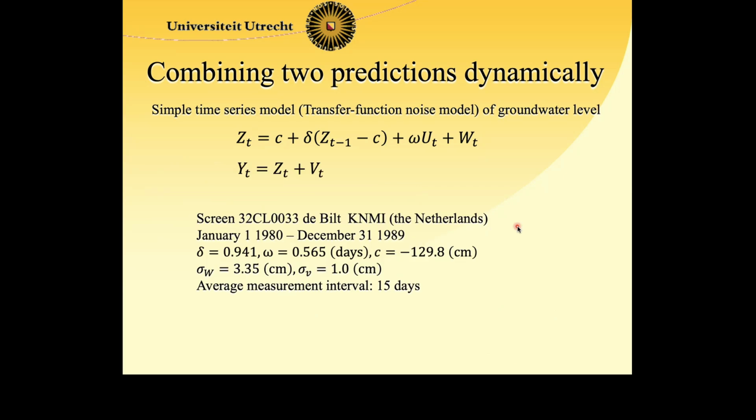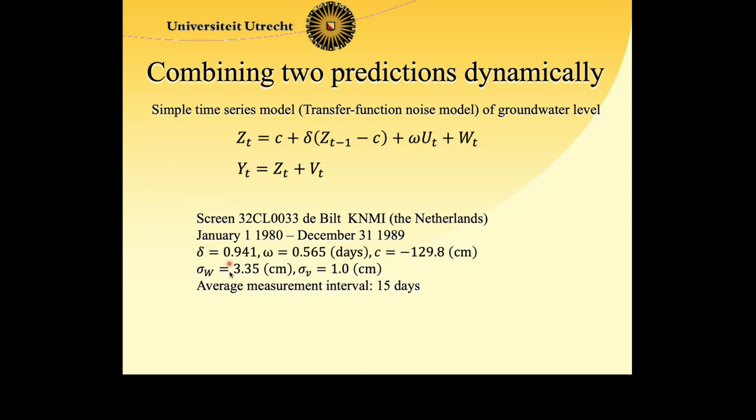Now, we take a well in the Netherlands. There's one that actually measures every day. But we assume that we have only the traditional bi-monthly measurements that we usually have, for instance. Then we fit this transfer model, this part. So we get a delta of 0.94, with a daily time step, an omega of 0.56, and the average depth is minus 130 centimeters.